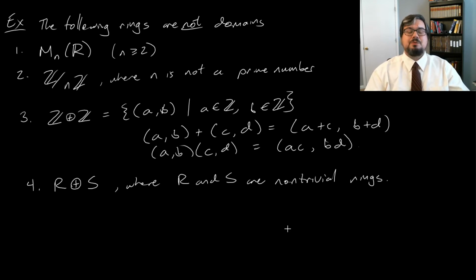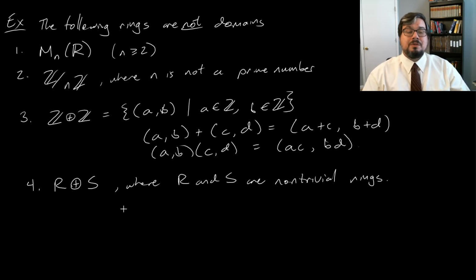You'll see some of this in your exercises, that direct sums of rings do remember some of the properties from the rings that make them up, such as having identity, being commutative, things like this, but they definitely don't remember the property of being a domain. You lose domainness pretty much immediately whenever you take direct sums of rings.